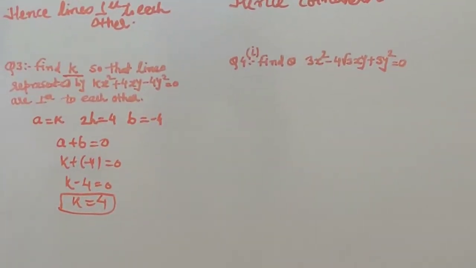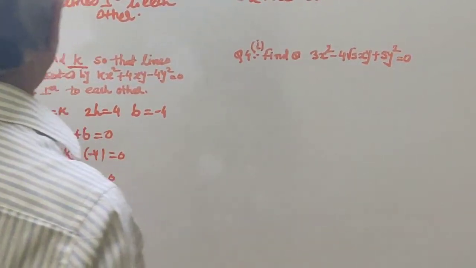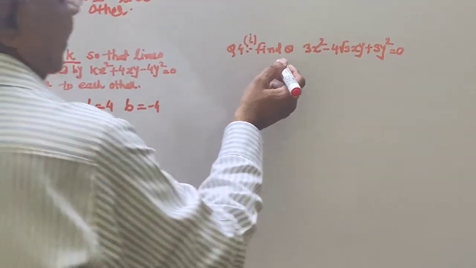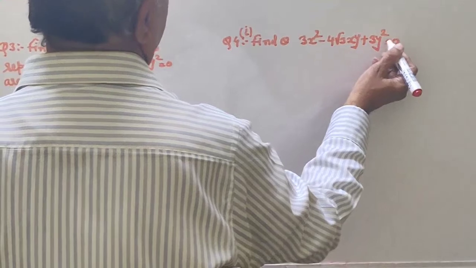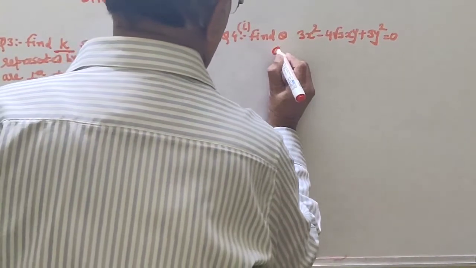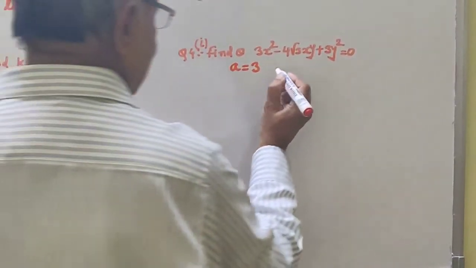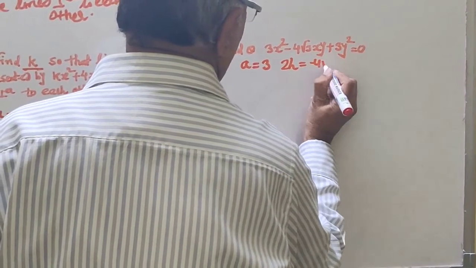Okay. Now we will go to question number 4. That is, find theta when 3x square minus 4 root 3 xy plus 3y square is equal to 0. Now I will compare this with the homogeneous equation. What will I get? a is equal to 3. 2h is equal to minus 4 root 3.